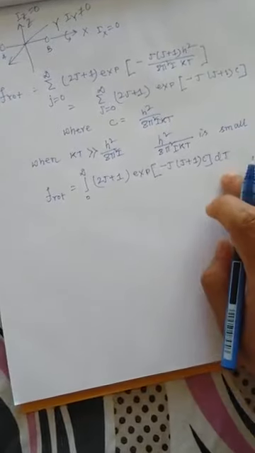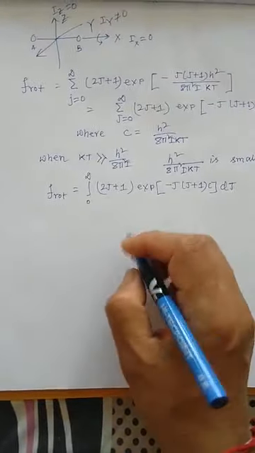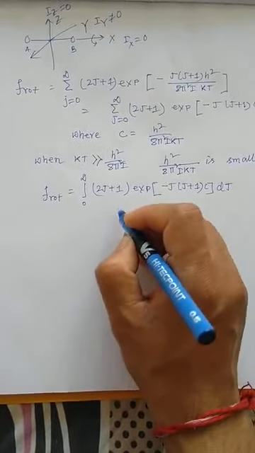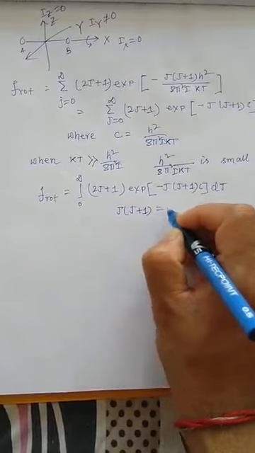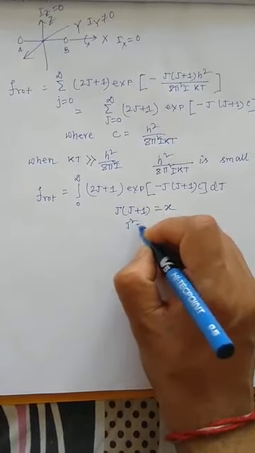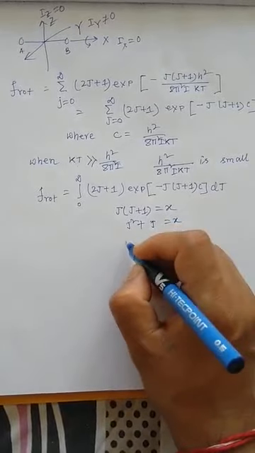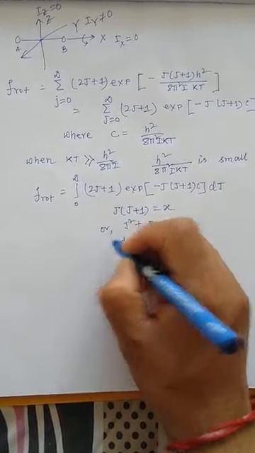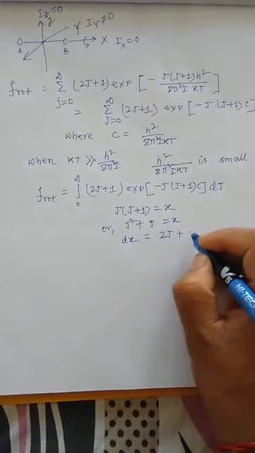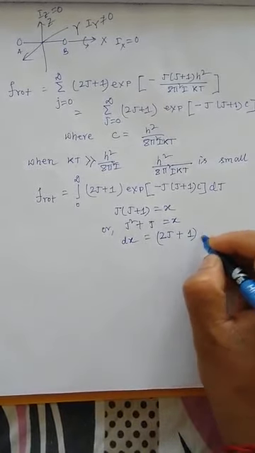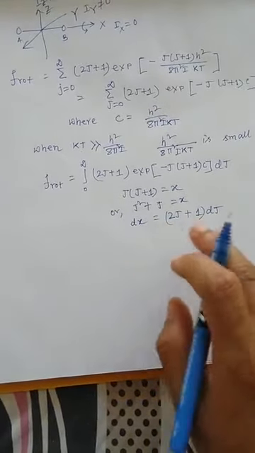dj is the integration variable. To simplify, I assume the term j(j plus 1) as x, that is, j square plus j. Then if I differentiate this expression, dx equals (2j plus 1) dj.